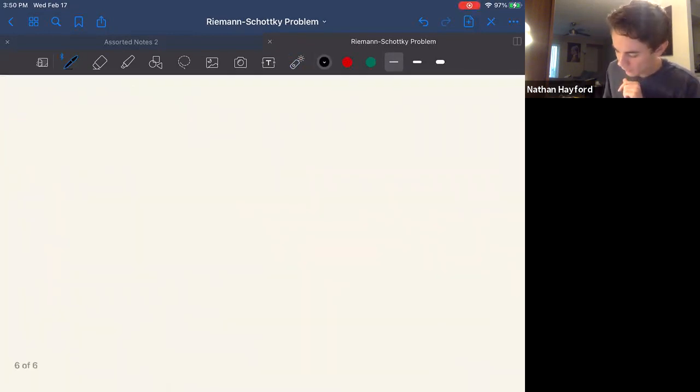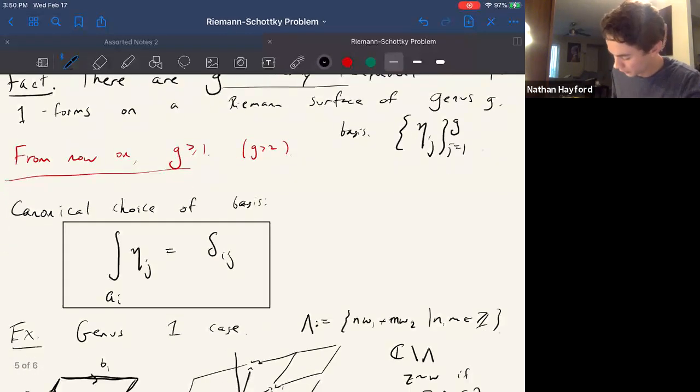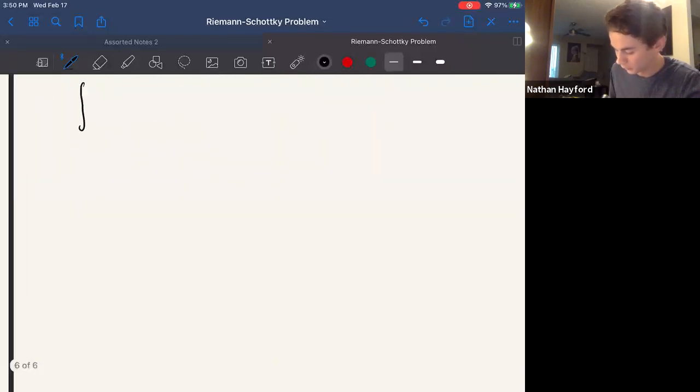Okay. So I think it's worth introducing this map. Let me think about what I want to do. Maybe we'll do it in a second. So where does this period matrix come from? Well, if I look now at the B cycles, because I saw that I could normalize these differentials with the A cycles like this, and what's left over are the B cycles.